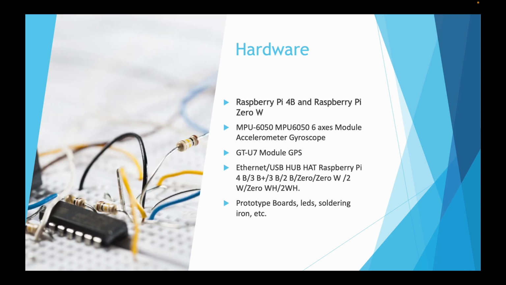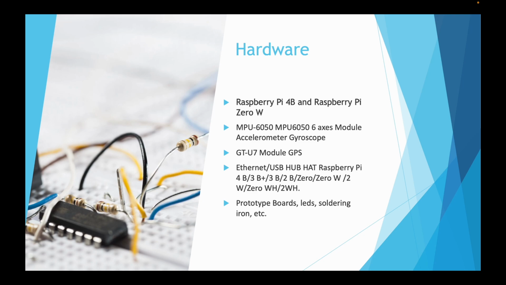So this is the hardware. I prototyped the IoT device using the Raspberry Pi 4B and Raspberry Pi Zero W. I used two boards just because they have different sizes, and we tried different options. I used an accelerometer and gyroscope module for getting movement on the board, and the GY-NEO6MV2 module for the GPS.